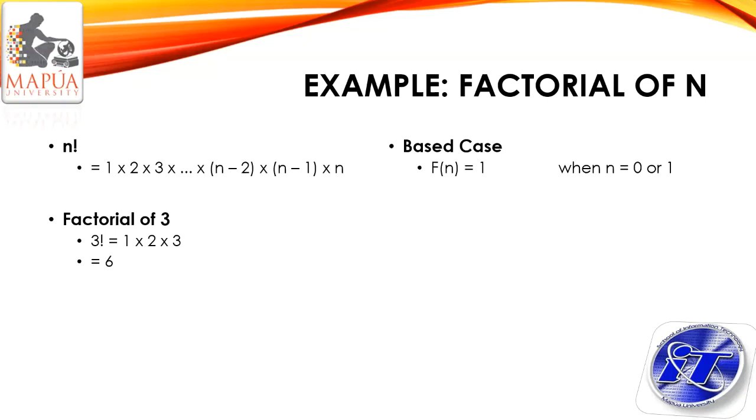And for the recursive case, the function that we're going to call is f at n minus 1, when n is greater than 1. So this function defines the value that we're going to multiply with the previous value, okay?